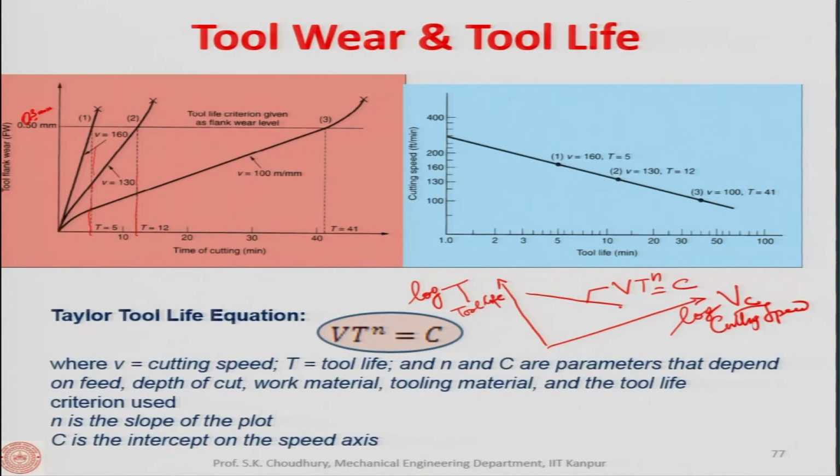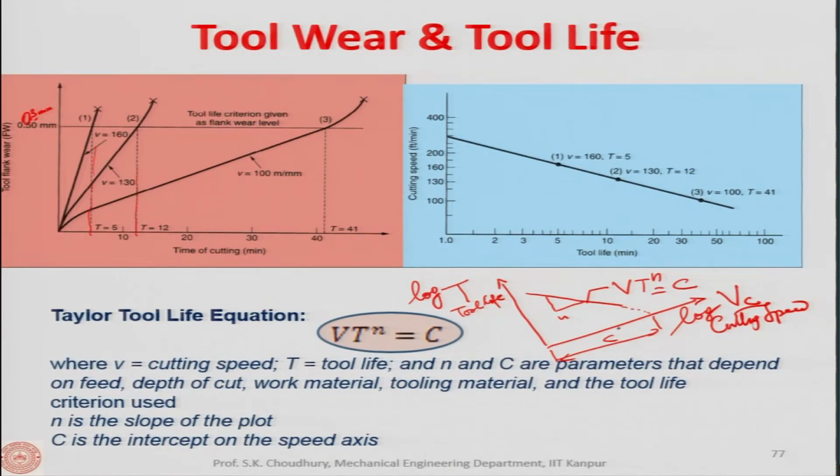Here, the intersection of this line with the cutting speed axis is the constant C, and the slope of the line is n. Once again, you take these values, these are the speeds, 100, 130, 160, and you take the tool life.